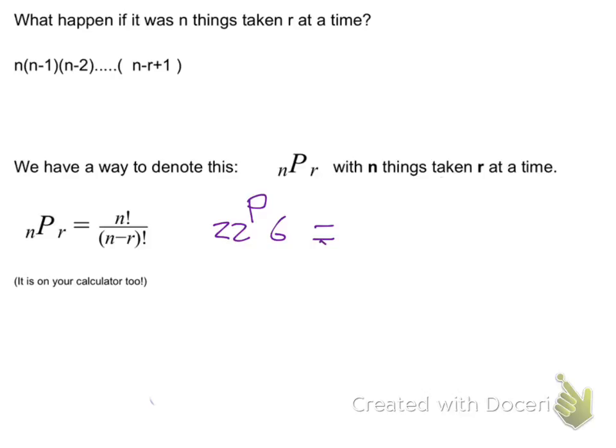Now, what does it look like, and what do I want to see? I want to see this, whether the calculator is used or not. I want to see that it's 22 factorial over 22 minus 6 factorial, which leads us to 22 factorial over what? 16 factorial. Now you can use your calculator.